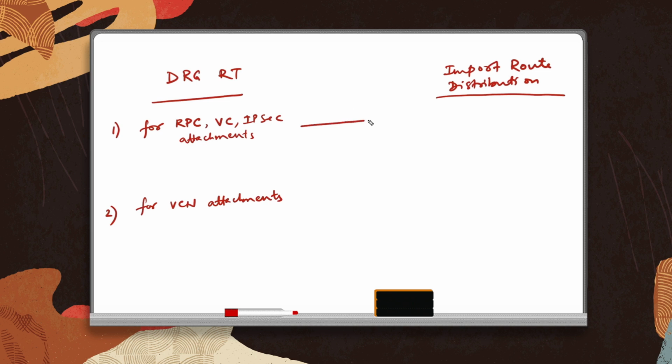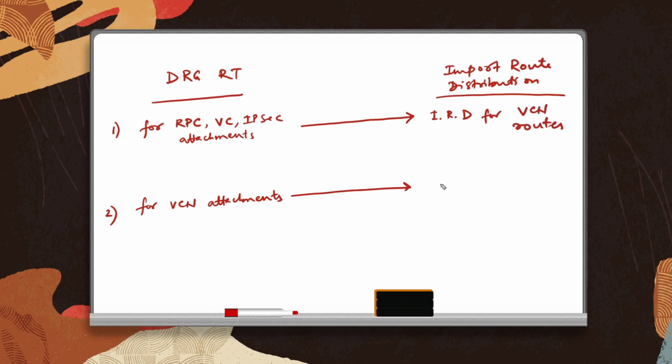Now, what is going to be the import route distribution for this route table? I mentioned there are two, right, which are automatically created. So this is import route distribution for VCN routes.